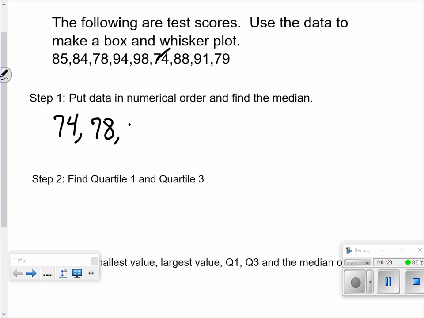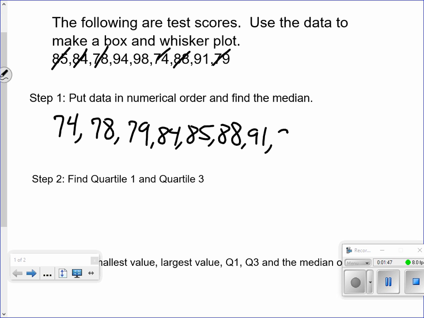I see a 79. 84. 85. 88. 91. 94. And 98. Okay.